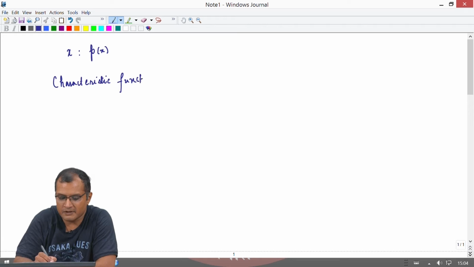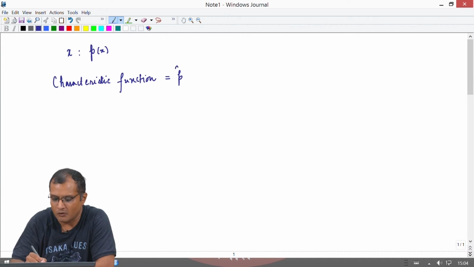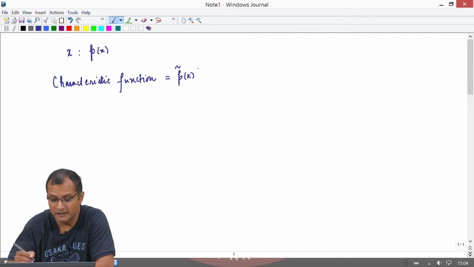Now, the characteristic function is nothing but a Fourier transform of the PDF, and this was defined as p of k.